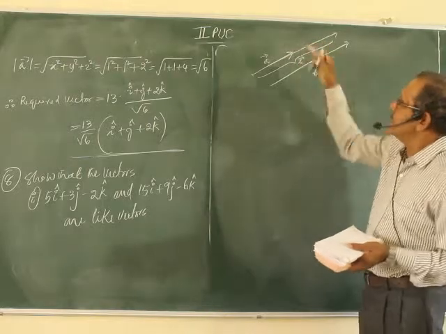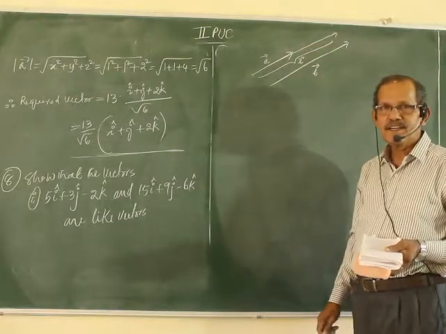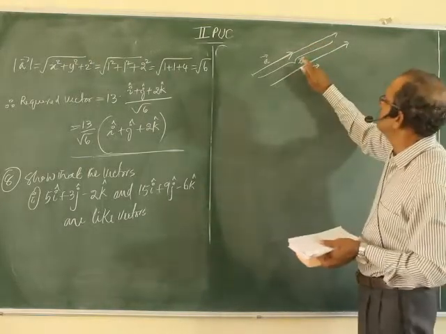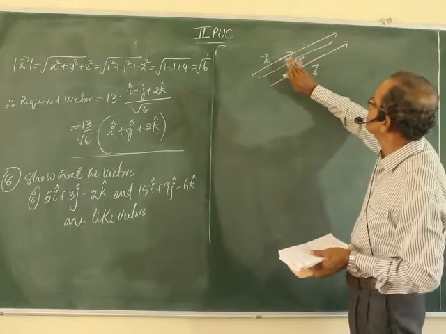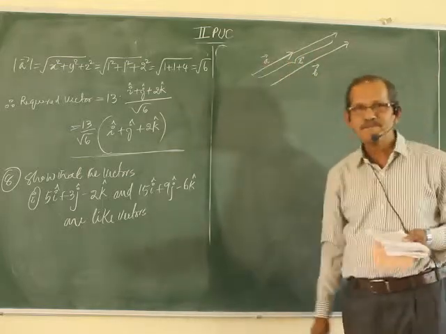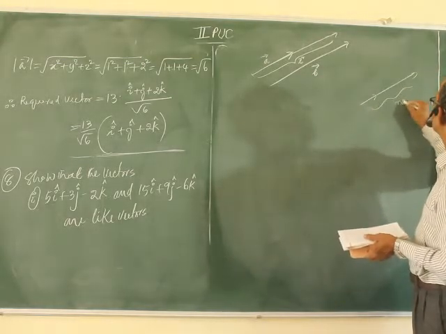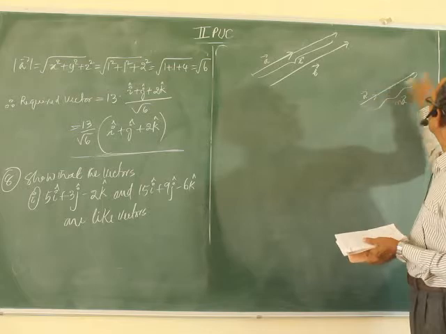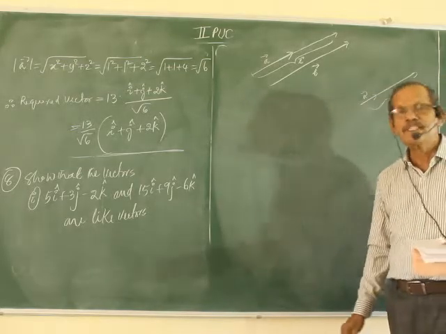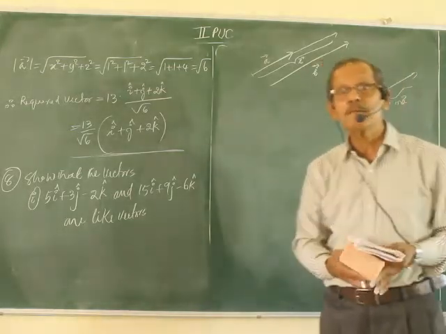A and B are like vectors. Clearly we can observe that this B is some scalar multiple of A. A and nA, you have seen that one. It is n times the vector A, a scalar multiple.